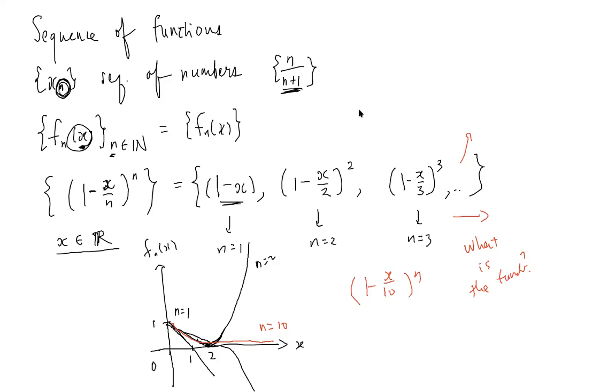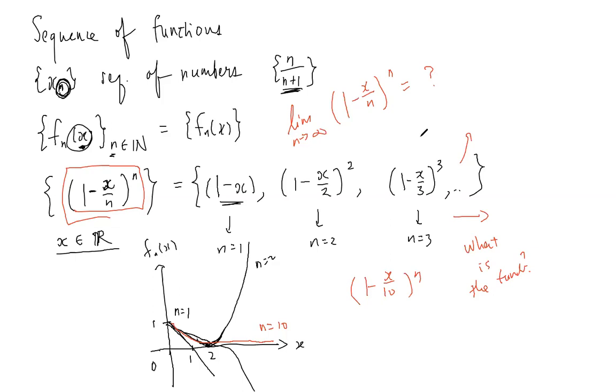What will it become? That means basically asking: this function when n tends to infinity is equal to what?